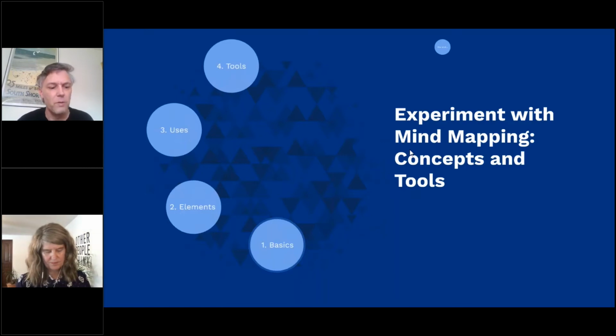My plan is to go over a little bit of background of these concepts, compare the two, mind mapping and concept mapping, to each other a little bit, and then delve into the core basic elements of a good mind map, a good concept map, look at some of the uses, and highlight a selection of tools just to show you what's out there and what I look for when I look for a tool to do this type of thing.